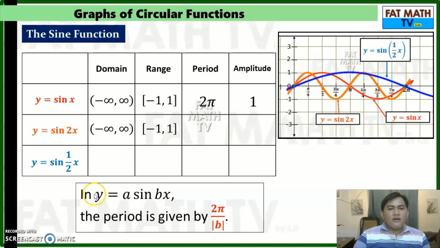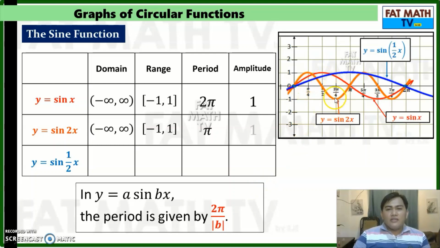But generally, if you have a function y equals a sine bx, where b is the number together with the angle x, then the period is 2 pi over the absolute value of b. In this case, our b is 2. So 2 pi divided by 2 is pi. That's why the period here is pi. And you can see on the graph that one complete cycle is obtained after pi units. After another pi units, that's another cycle.